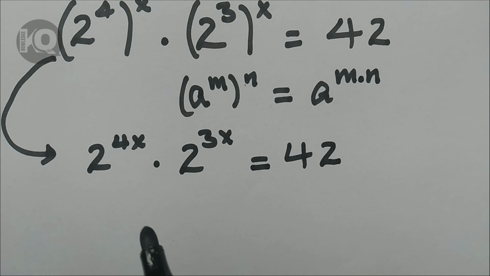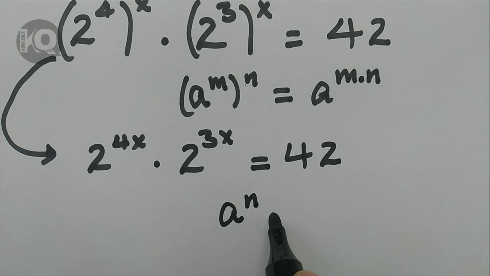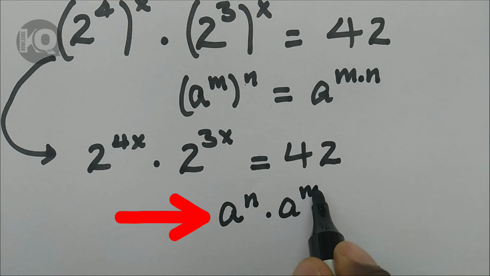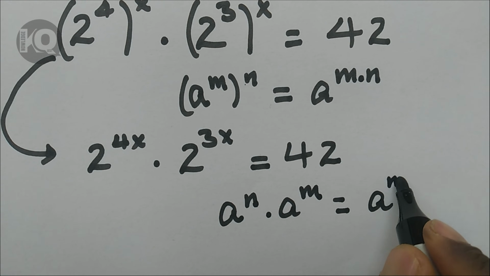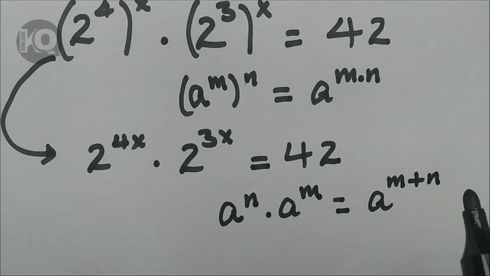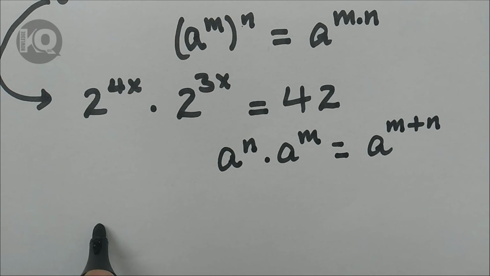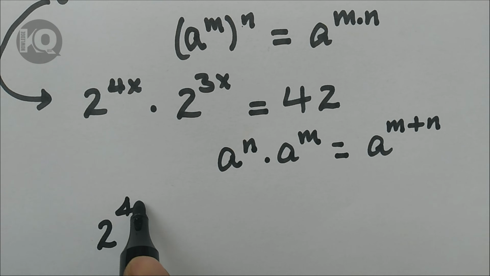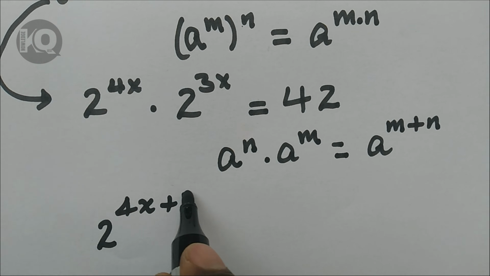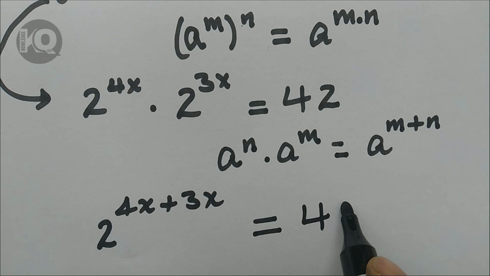Again, from the rule of exponents, a^n times a^m is equal to a^(m plus n). So applying this, this expression can be written as 2, which is the base, to the power of 4x plus 3x, is equal to 42.